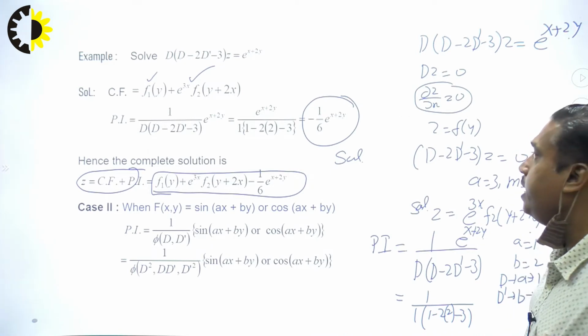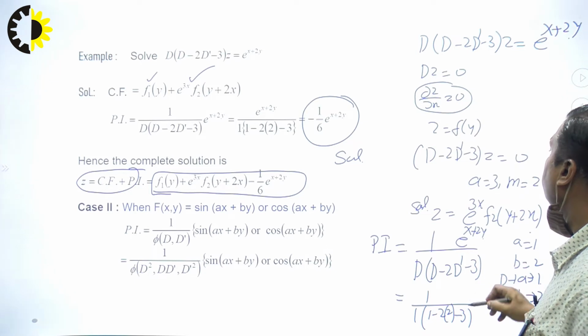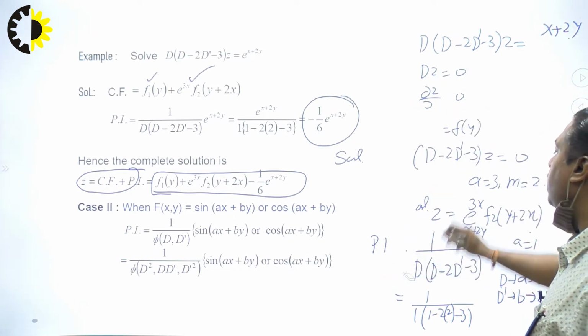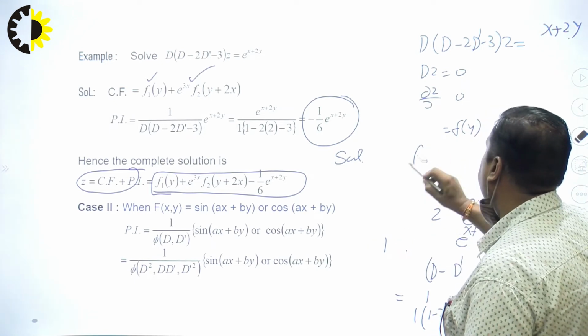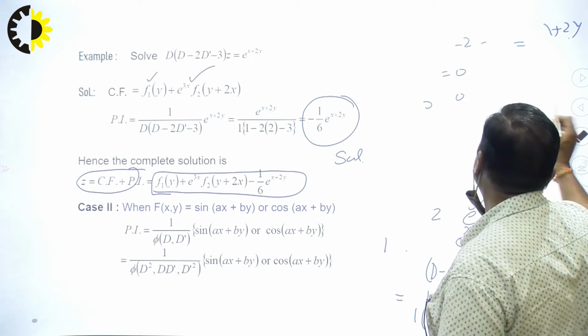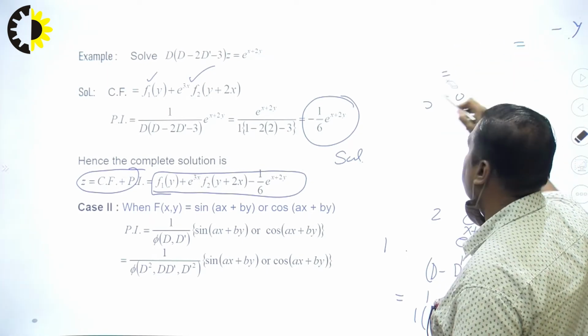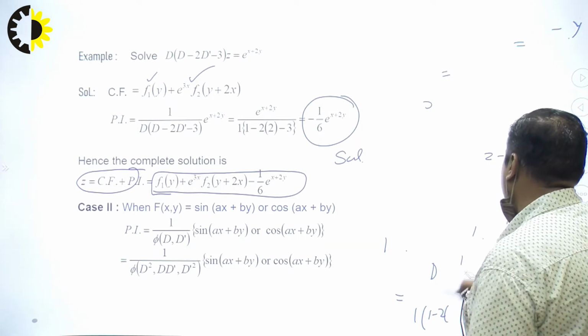So in the first case we have taken the value of e to the power x plus 2y. In the second case we are taking the value of sin ax plus by and cos ax plus by.